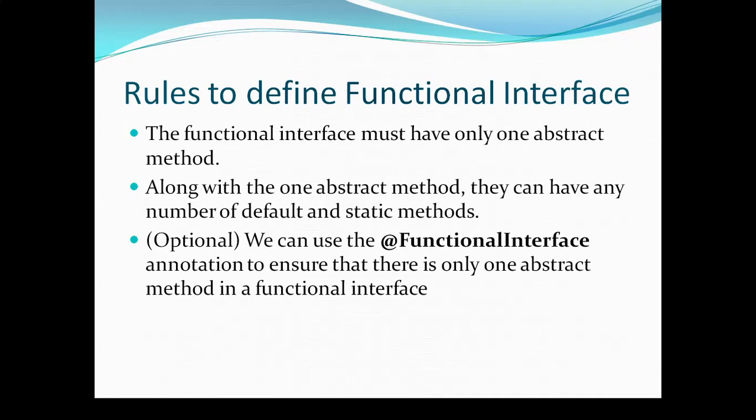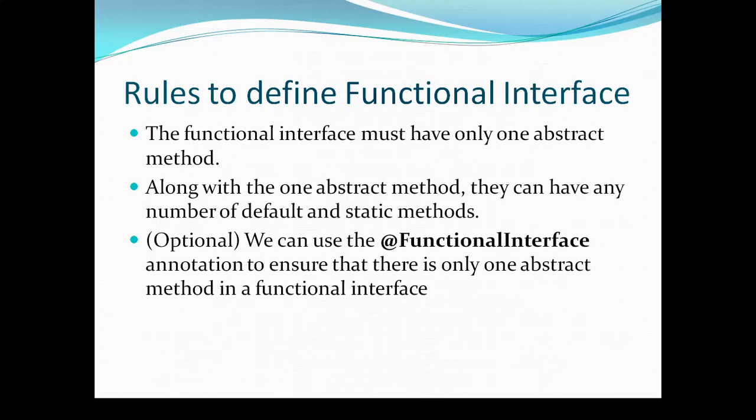And the last rule is we can use the FunctionalInterface annotation to ensure that there is only one abstract method in a functional interface. Although this is an optional rule, we can use the FunctionalInterface annotation to notify the compiler that this interface is a functional interface and we cannot have more than one abstract method in this interface.